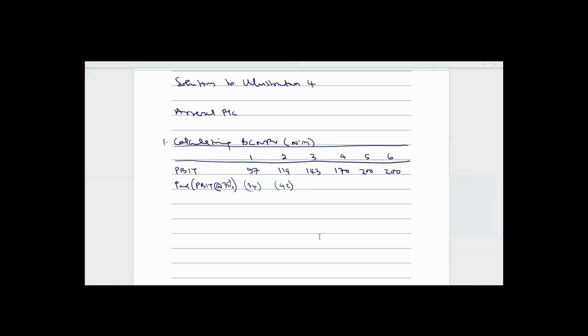Next one, 143 multiplied by 0.35 equals 50, rounding. Next one, 170 multiplied by 0.35 equals 60. Then 200 multiplied by 0.35 is 70.